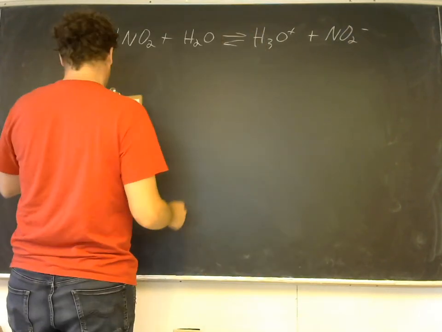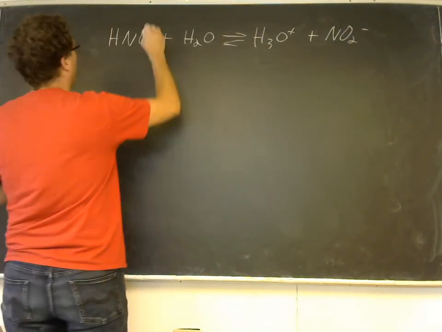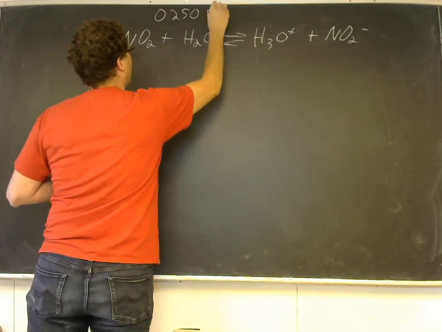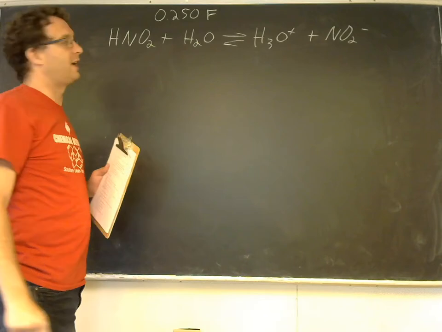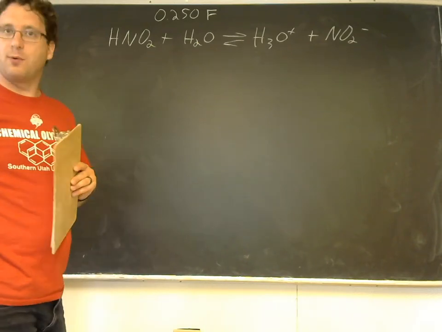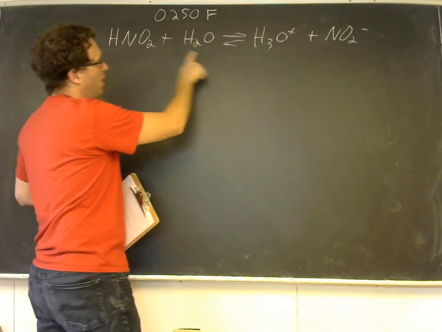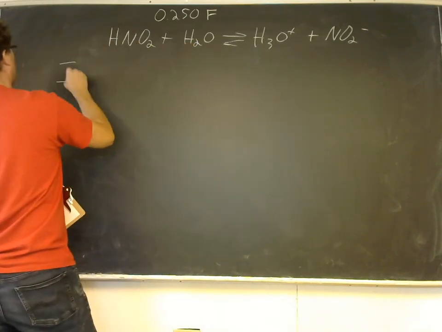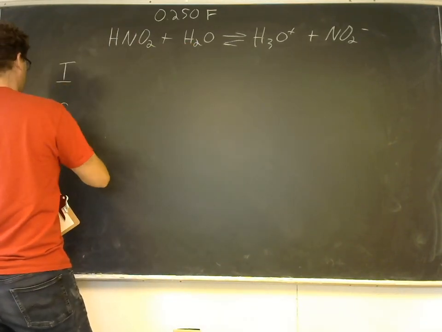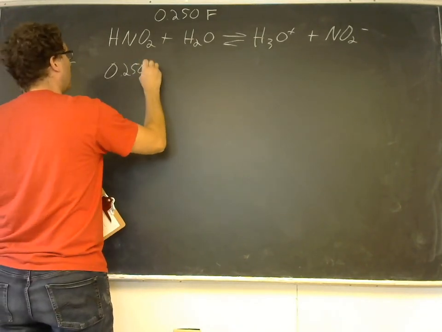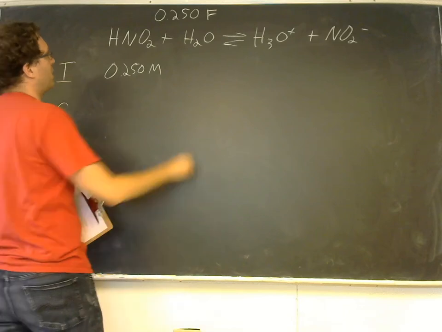And the question is, if I have 0.250 formal concentration of nitrous acid, what will be the pH? Well, we know that HNO2 is going to react with water, and so if I write my ice table, I'm going to start with 0.250 molar HNO2.